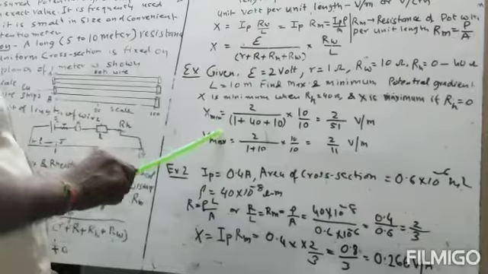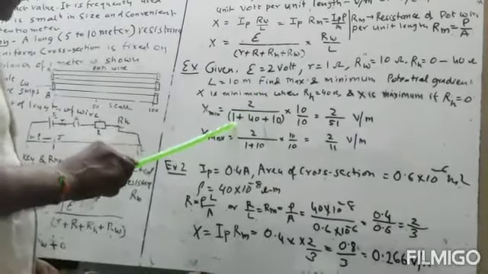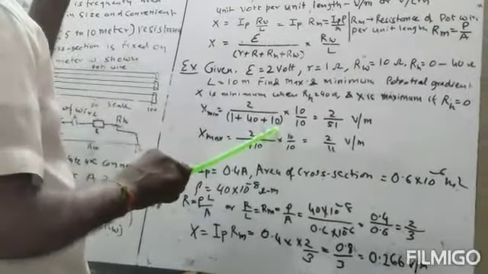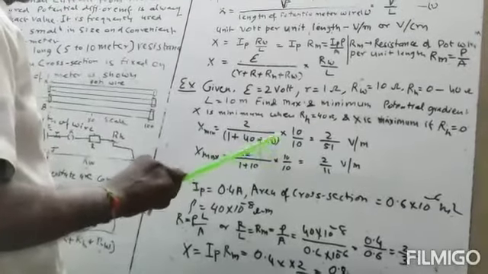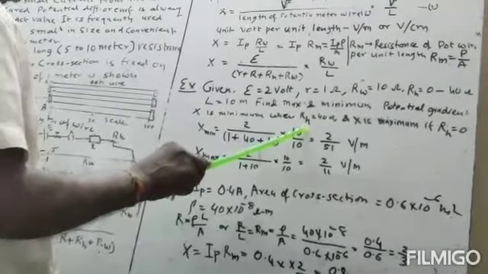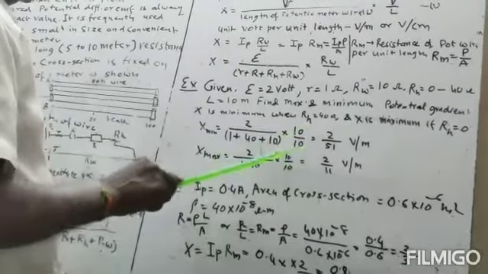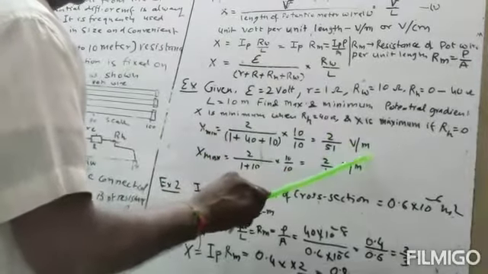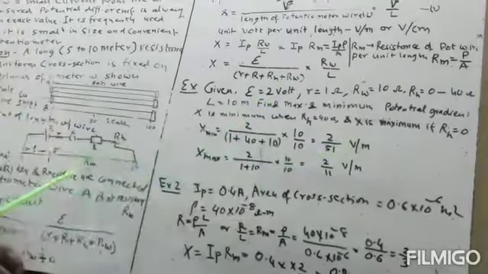So X minimum will be equal to EMF 2 divided by small r plus 40 plus 10, because capital R is not given, multiplied by Rw 10 divided by length 10. So it will cancel and we will get 2/51 volt per meter. This will be the minimum potential gradient.